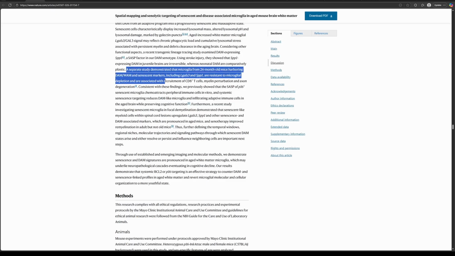They will replenish and continue to recruit T cells that will degenerate your neurons. So it's like a switch has been flipped, and these microglia in your brain are now in this state essentially permanently past a certain age and will continue to degenerate your brain consistently, even if you try to remove them.